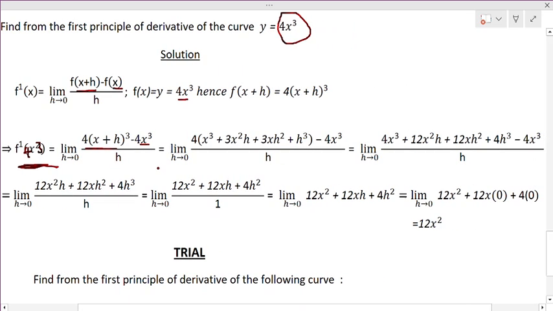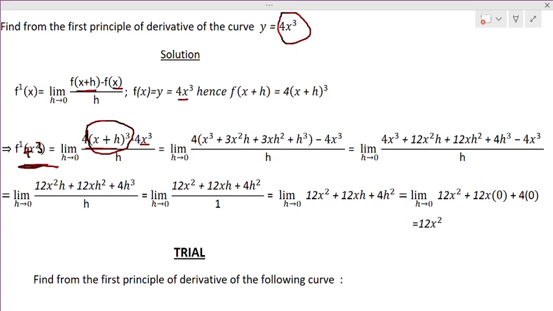Our limit is also there. Now you have to expand this function, x plus h all cubed, right? You can easily use Pascal's triangle to do it.